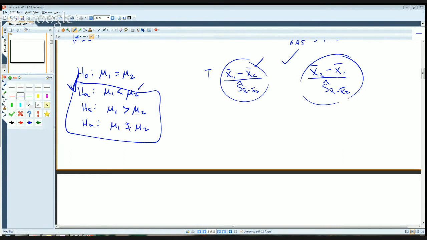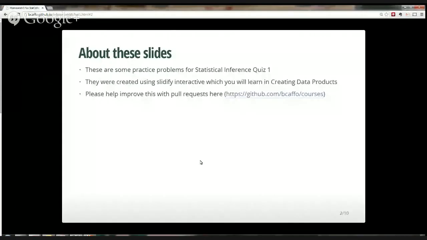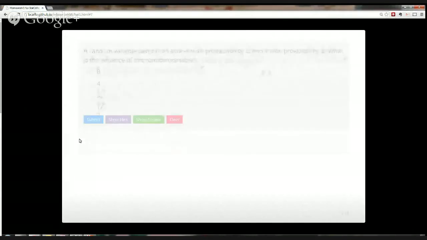So hopefully people have looked at these practice problems. Hopefully people are looking at these practice problems. I've almost got the second one done. Okay. So I think I got a nice practice problem. Let's work through that.